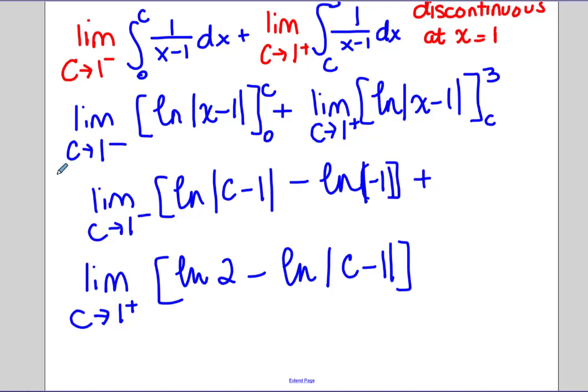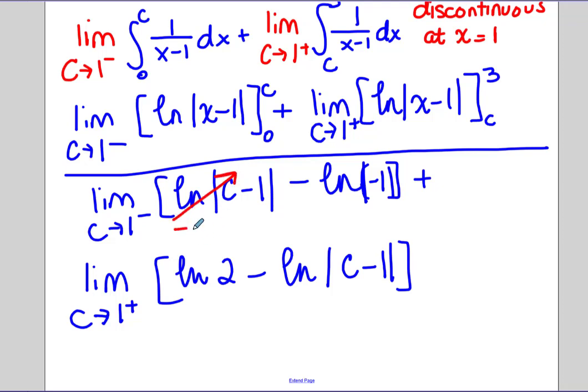And see, when we look at this piece right here, as c approaches 1 from the left, this portion is heading to negative infinity. So as long as we show one part diverges, then we're good to stop. So we can say this does not exist.